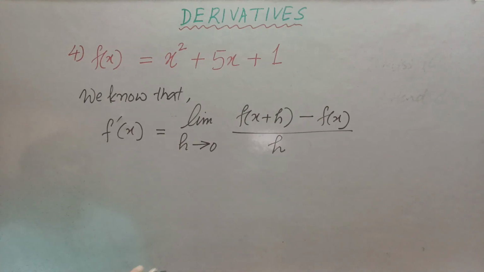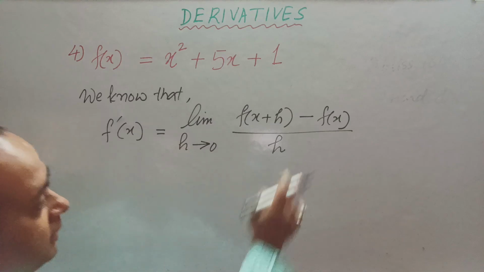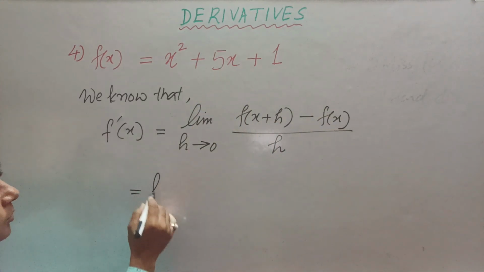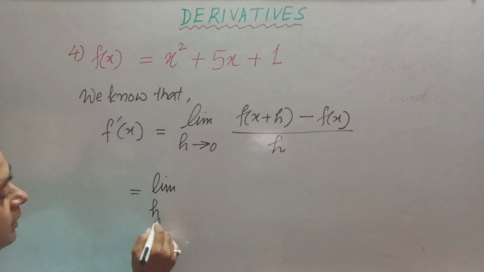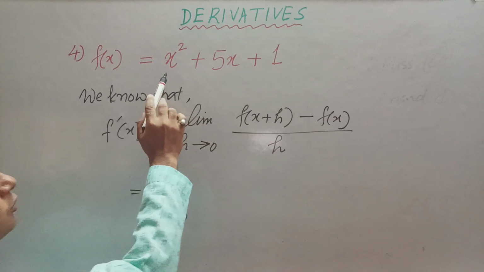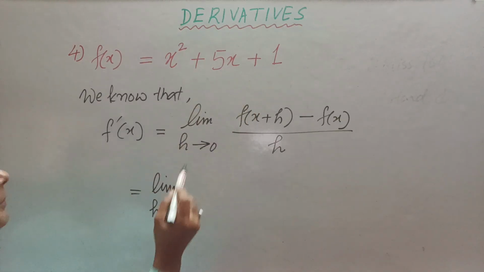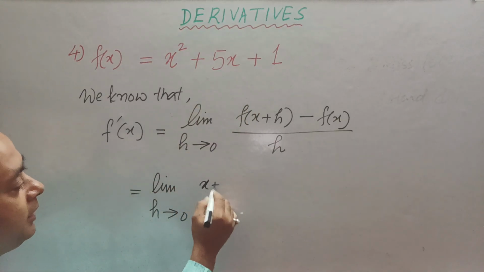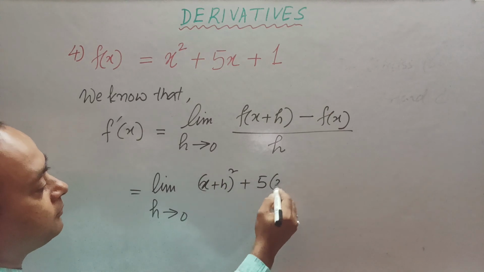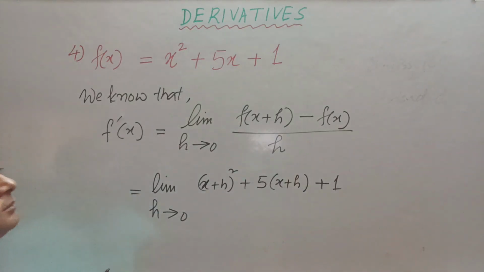After that, it is time to insert the values for f(x plus h) and f(x) as it is. So what we are going to do is limit of h tending to 0, if f(x) is equal to x square plus 5x plus 1, that means f of x plus h will be x plus h whole square plus 5 of x plus h plus 1.